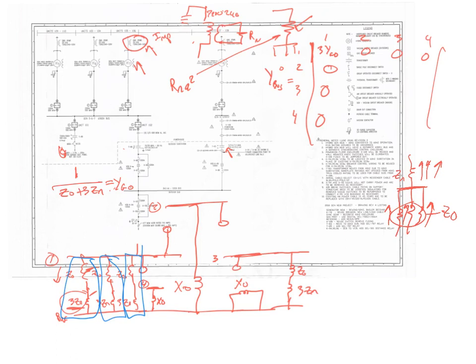This one over here only has a single current going through a single impedance. This one has 3 of those. So I can show it as 3 times the current, or I could just multiply this by 3 and show a single current going through there. Does that make sense?